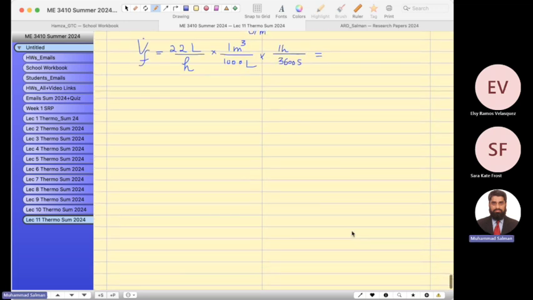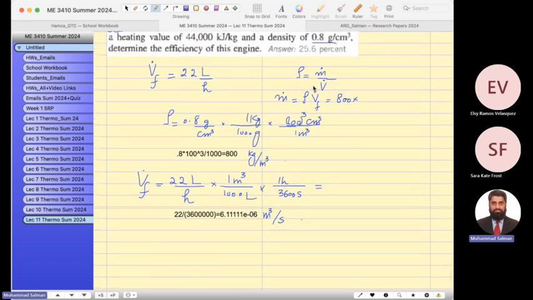So let's do the calculations here. 22 divided by 3,600. I got 6.11 into 10 to the negative 6 meter cubes per second. And once I get this, I can plug this in over here.